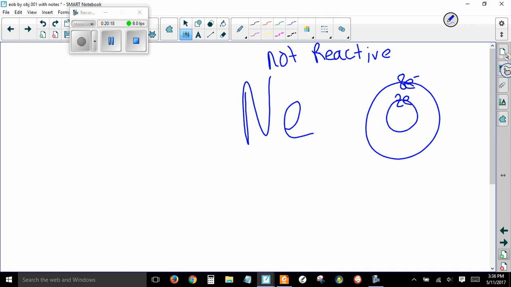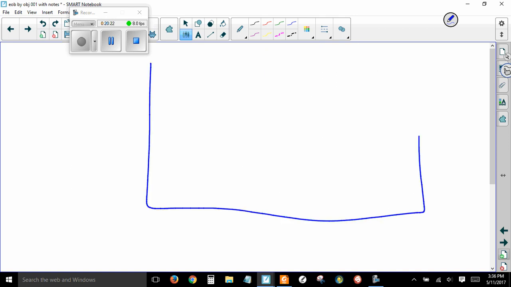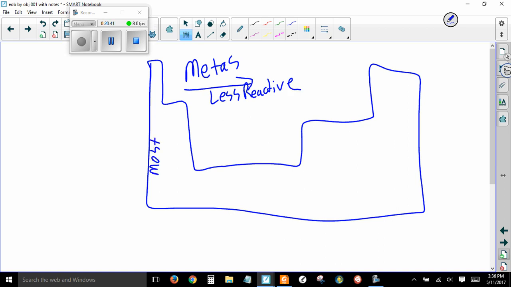Okay? So, to summarize, periodic table looks like this. Metals become less reactive as you go from left to right. These are the most reactive metals.